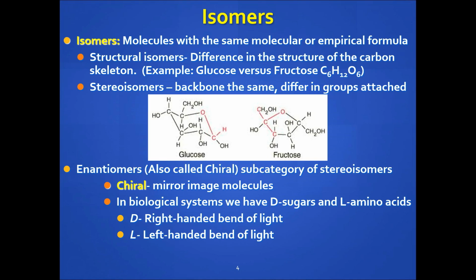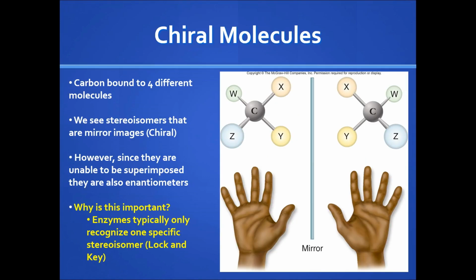But the key here is that because so many molecules look the same, the enzymes that are important for doing chemical reactions on those molecules have to be incredibly specific. This means that just a slight difference in a molecule, the enzyme should not be able to recognize it.